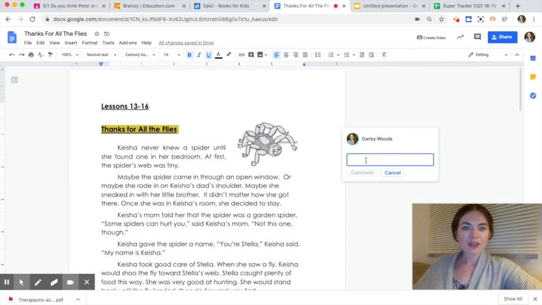And then we write our thinking job. Make sure you're writing that genre down. Take about 10 more seconds.